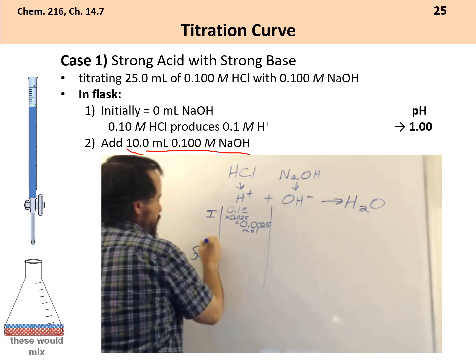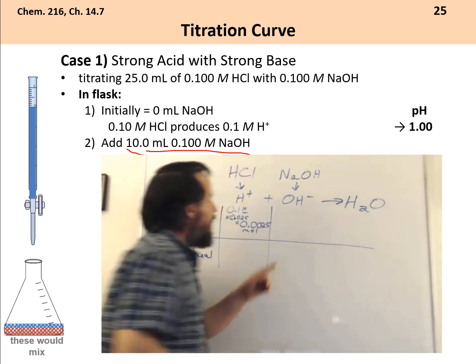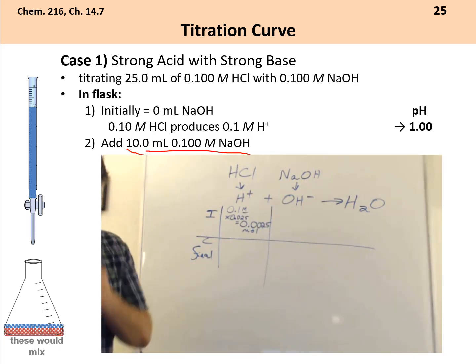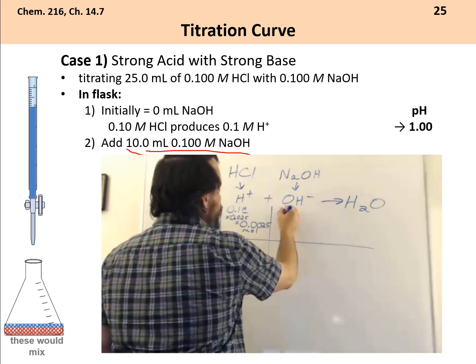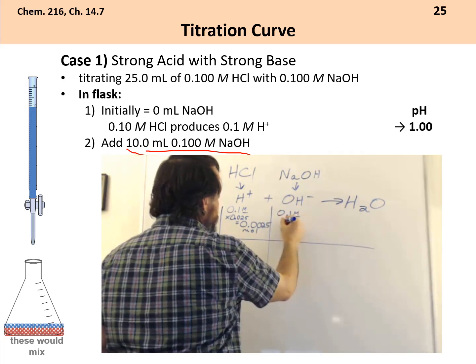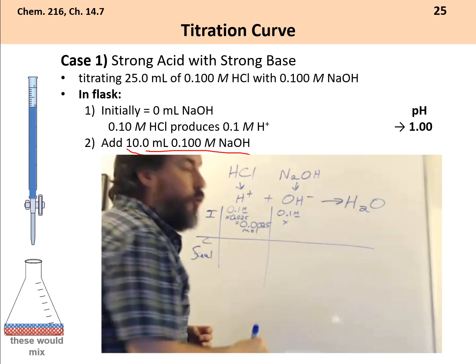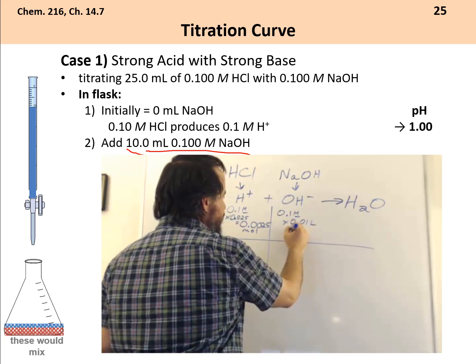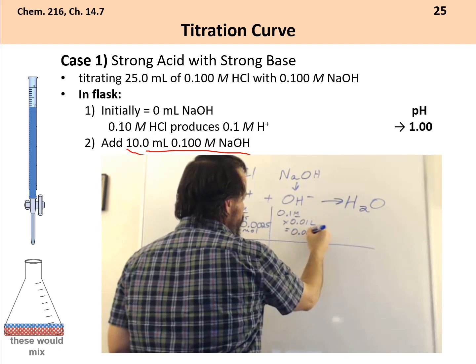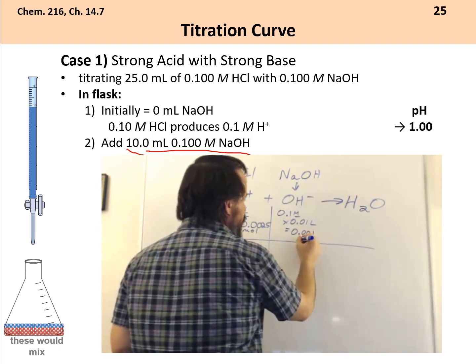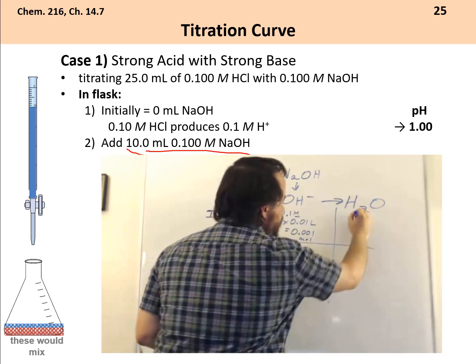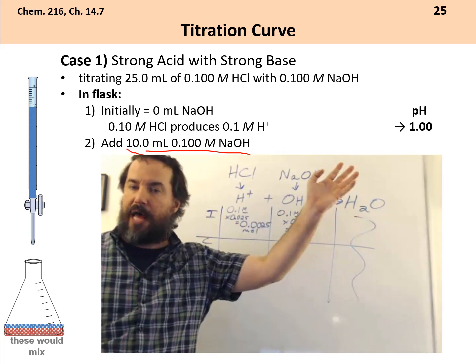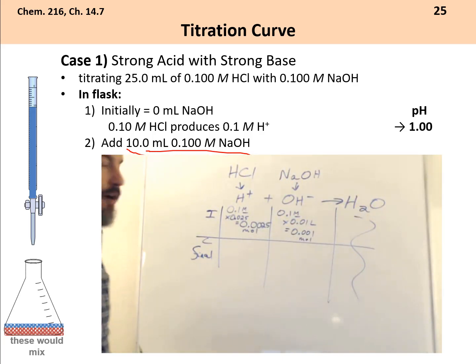My OH minus, I have 0.1 molar of that, and it's 0.01 liters of that. And that's going to be 0.001 moles of my OH minus. I don't care how much H2O I have. It's liquid, so it doesn't matter.